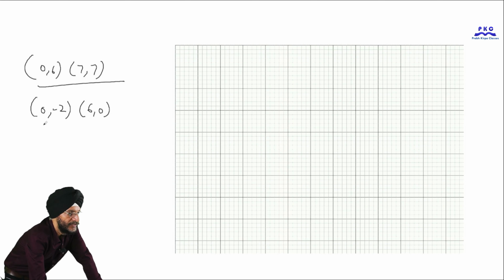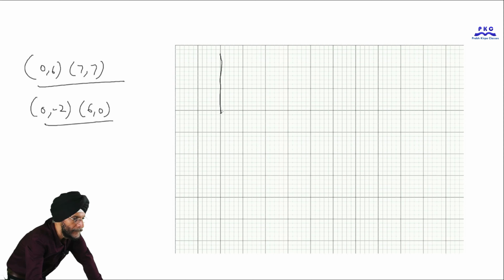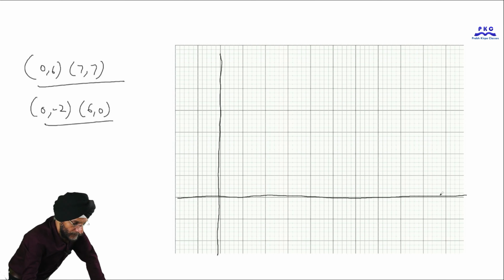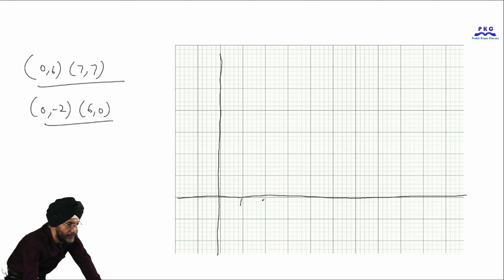This is for the first equation. Now we will first form the graph with the help of these solutions which we have calculated. So now this is 1, 2, 3, 4, 5, 6, 7, 8.